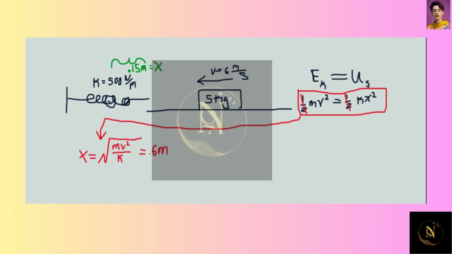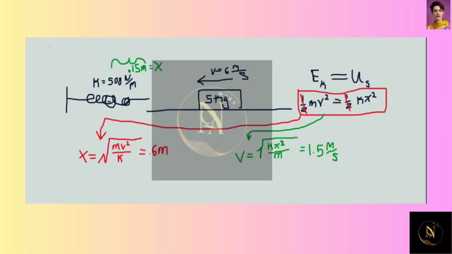Right. So for part B, this time we're going to isolate the velocity the block has to be going with in order to compress it by that much. So let's do that now. We take the same equation we had from before, and instead of solving it for x, now we solve it for v.